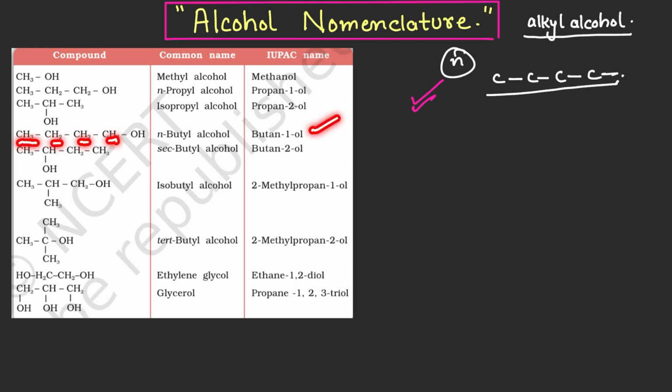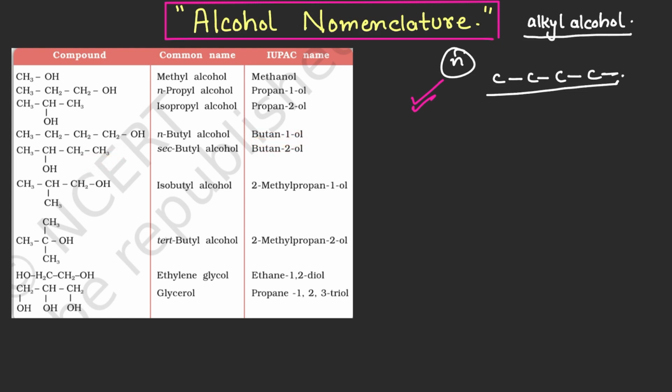For the IUPAC name, for the 4 carbons we have butane, and I will do the numbering from here because I get OH at the least number. So the name is butane-1-ol, right, for the second one.